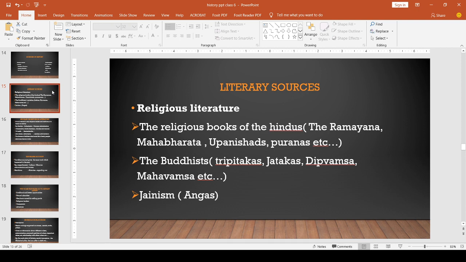Some copper plates they used for writing. And rocks and pillars, some stones. They inscribed important events of that time on stones. So they used these types of items for writing thousands of years ago. But later they wrote on paper. So it is from this recorded evidence that our historians have constructed the history of mankind as we know it today.